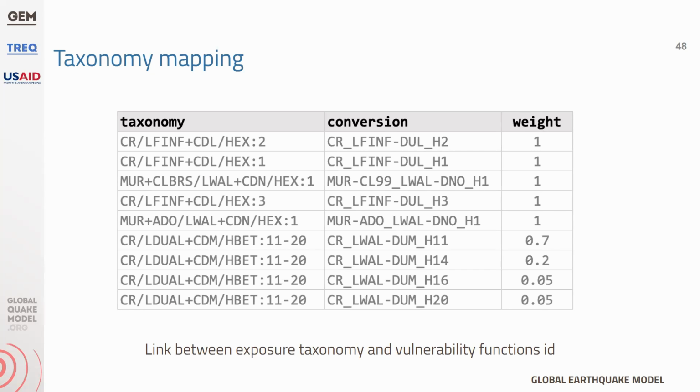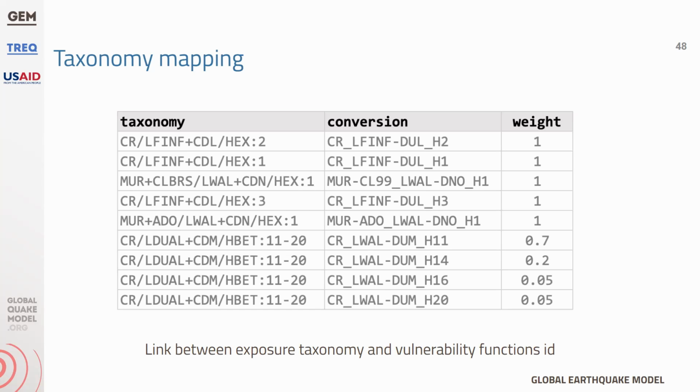I may have found it somewhere within the academic circles. Wherever I found this curve, it has a different name than the building class in Quito. But I can do, through the taxonomy mapping file, a one-to-one conversion. I'm telling the engine, this is the taxonomy in the city, and this is the taxonomy that I have in my vulnerability curves. So now we're violating that rule through the taxonomy mapping file.